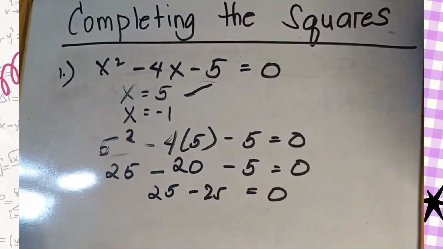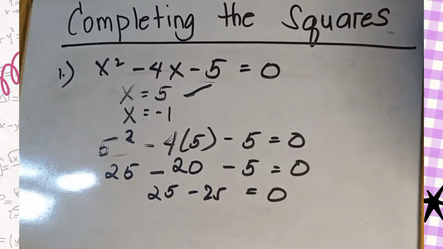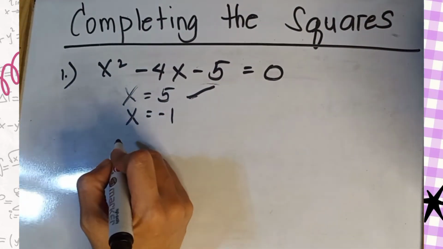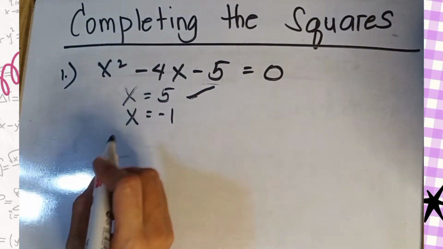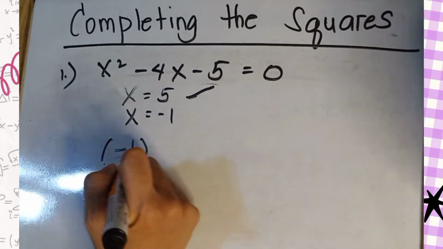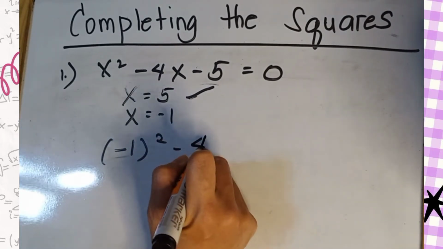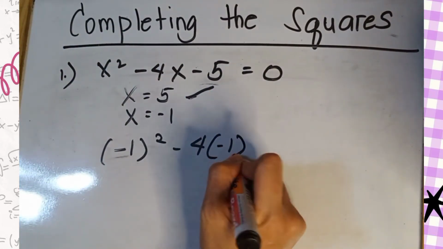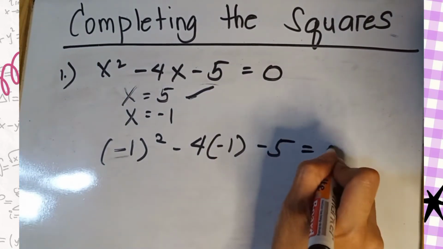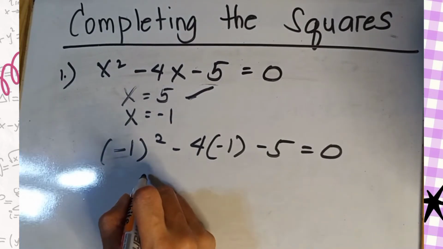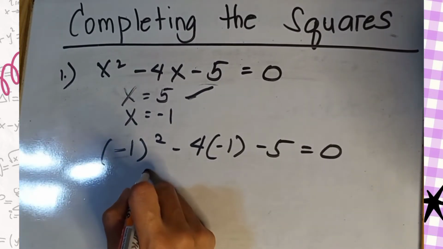How about if x is negative 1? So let's check our answer. Okay, so again, replace negative 1 dun sa mga x dun sa ating given equation. So negative 1 squared minus 4 times negative 1 minus 5 is equal to 0. Negative 1 squared, that will become positive 1.